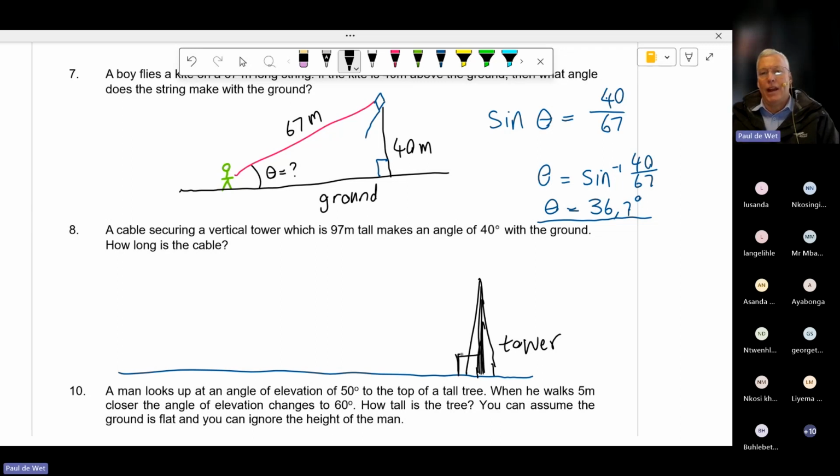Guys, there's the 90-degree angle. All of these questions have got a 90-degree angle in them because we can only do it if we've got a 90-degree angle. We've got a cable, and the cable makes an angle of 40 degrees.